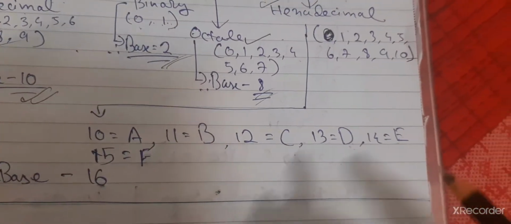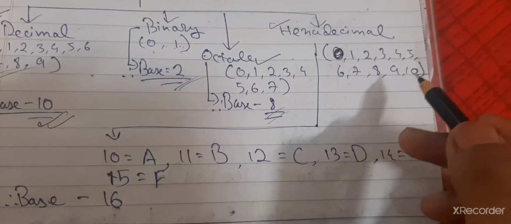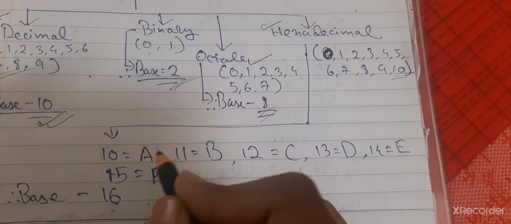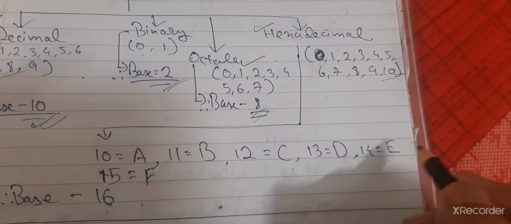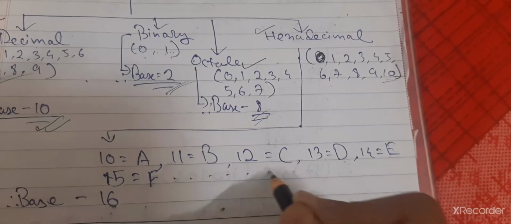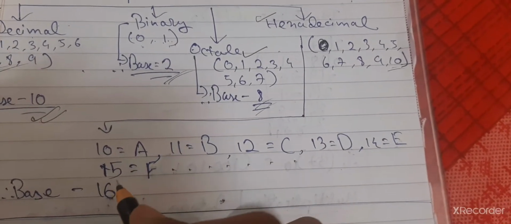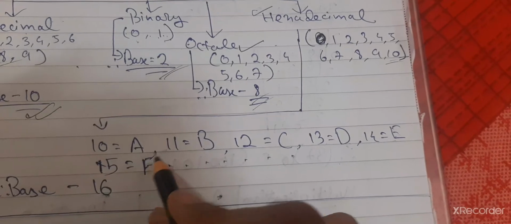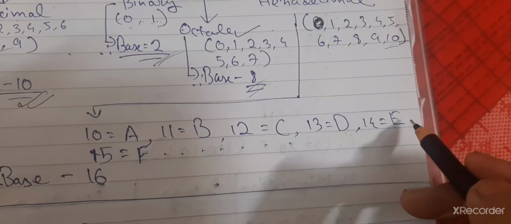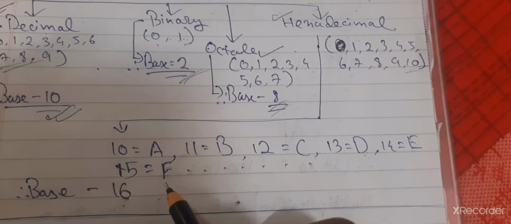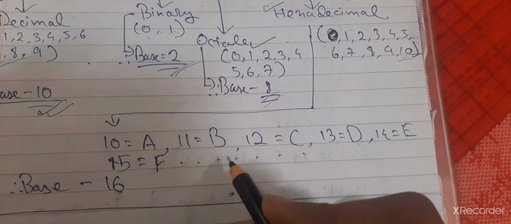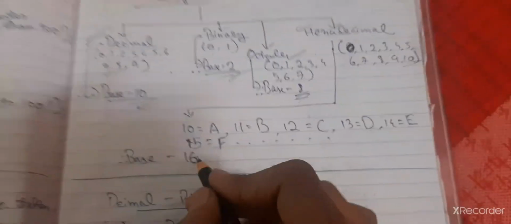I repeat, in hexadecimal numbers, the double digit numbers are represented by A, B, C, D, E, F, and it goes on as the alphabetical order and as the numerical order. 10 is represented by A, 11 by B, 12 by C, 13 by D, 14 by E, 15 by F, 16 by G, and it goes on and on.